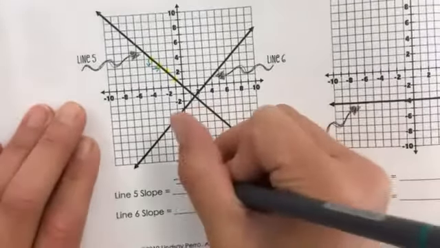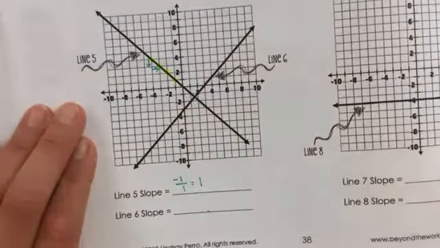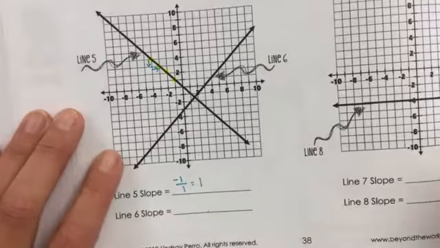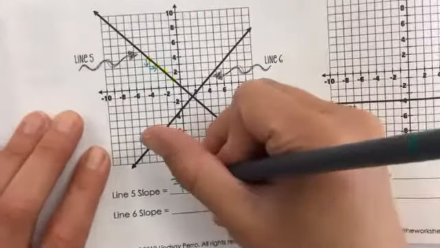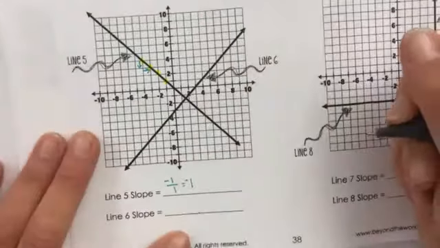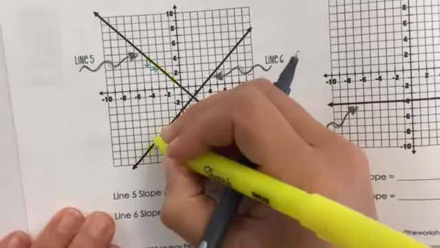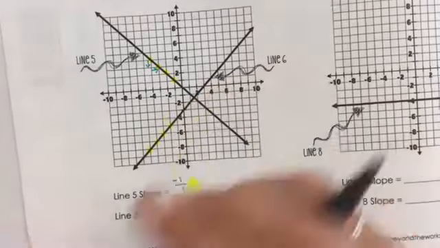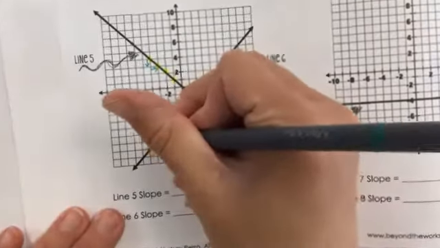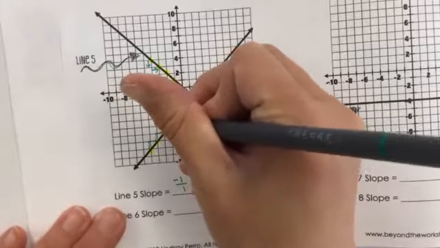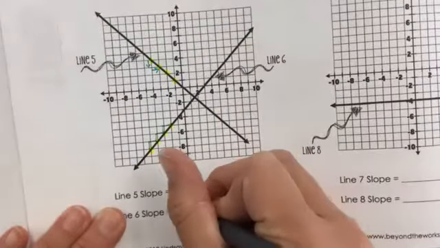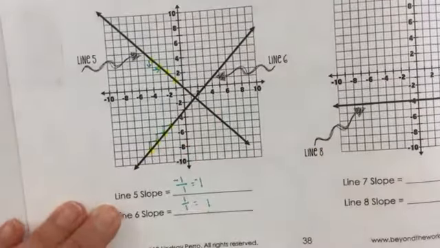Negative 1 over 1, which simplifies to just 1. Oh, negative 1, sorry. Negative 1. And then if I were doing line 6, same type of thing, but opposite. I went up one, right one, up one, right one, up one, right one. So 1 over 1 gives you a positive 1.